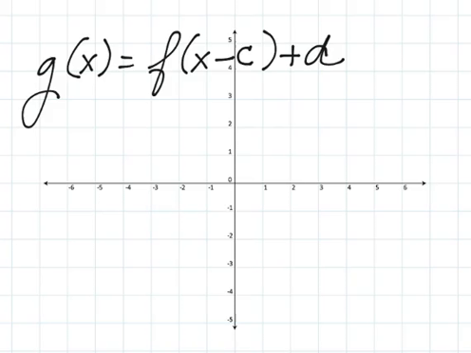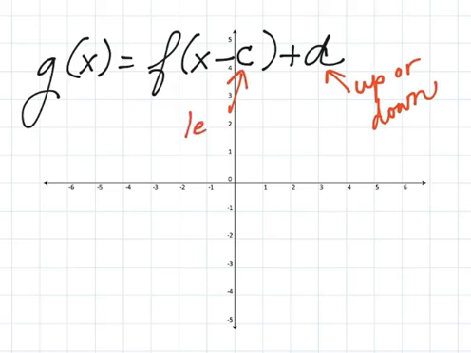So basically, what did we find? We found that this right here makes it go up or down, and we realized that this makes it go left or right.